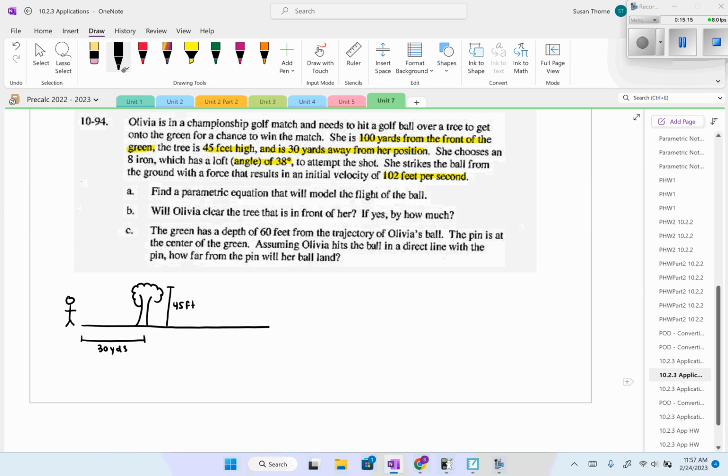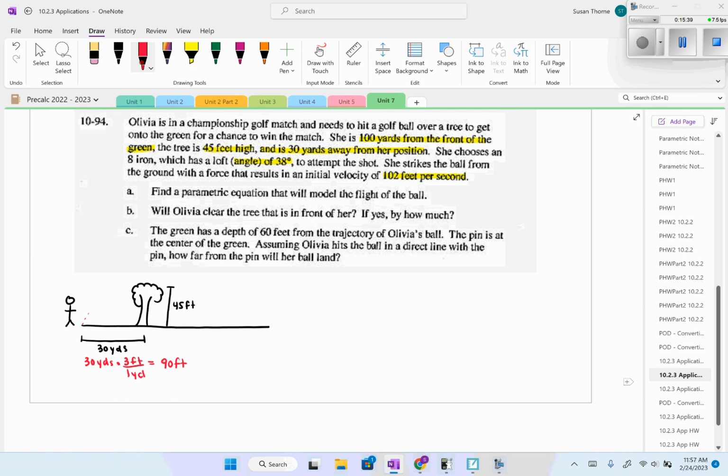Now, since our gravity is using feet per second, we're going to want to change this 30 yards into feet. So we know that 3 feet equals 1 yard. So 30 yards times 3 feet per yard gives us 30 times 3, so 90 feet. So she's 90 feet from the tree.